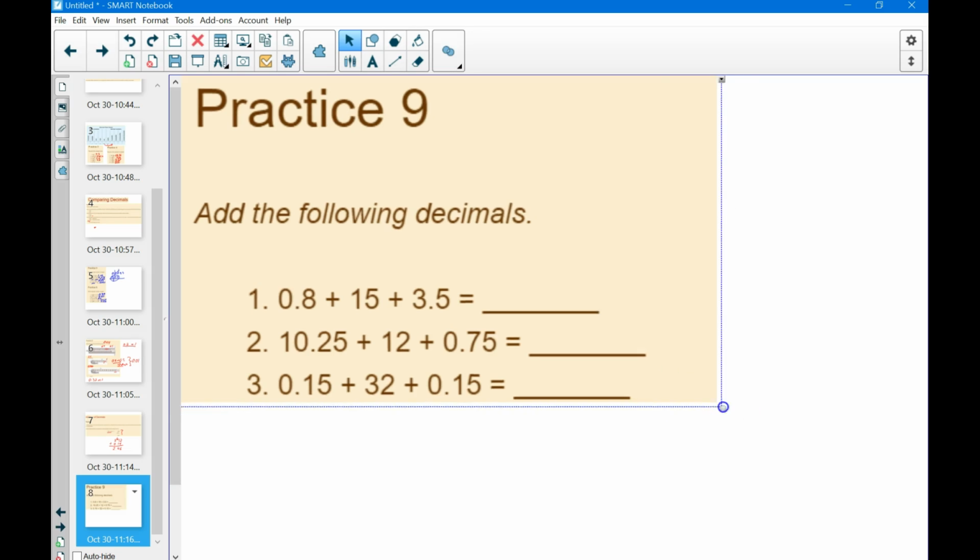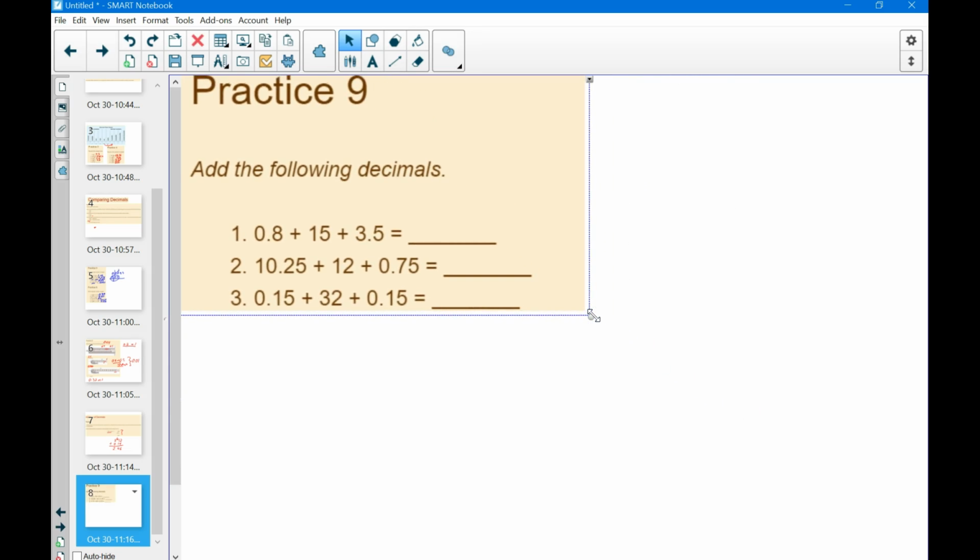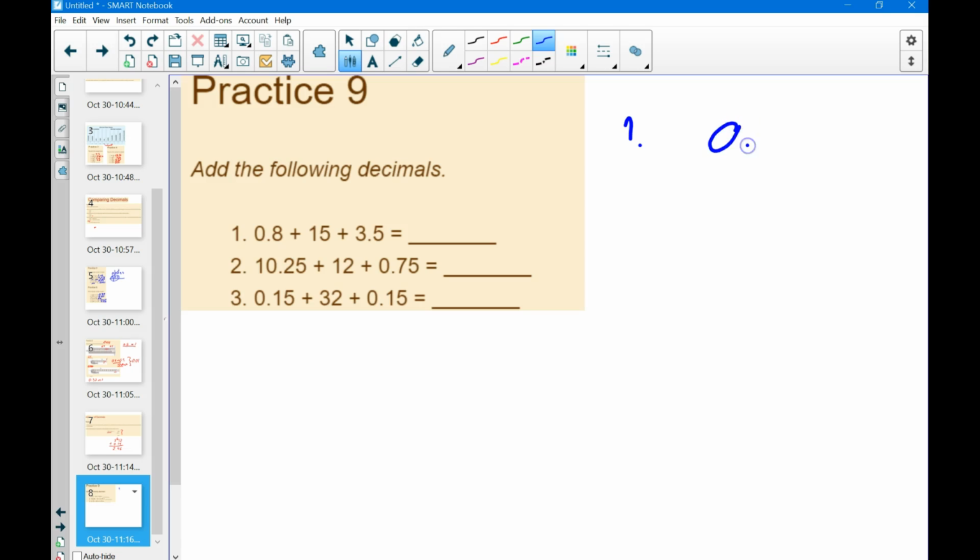So for number 1 here. Number 1 says 0.8, so I have 0.8. Now I have 1.5 with no decimal, so it's going to be 1.5.